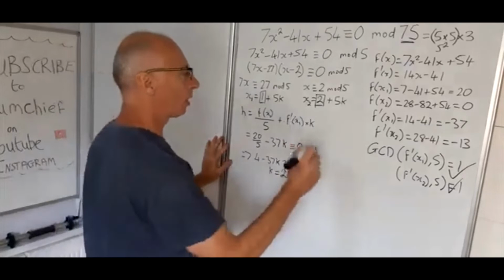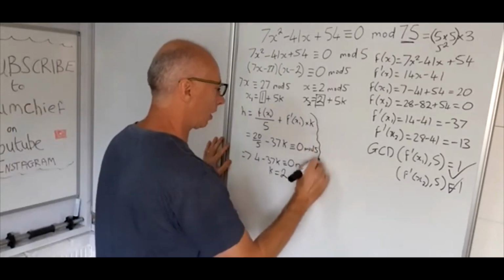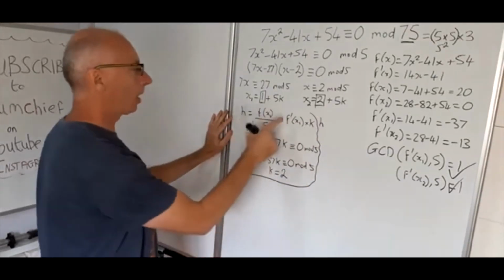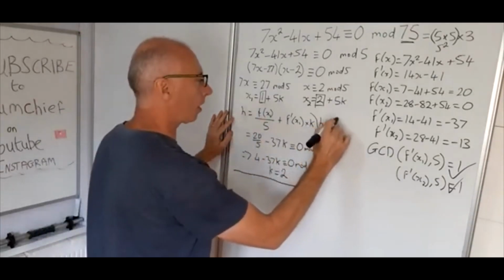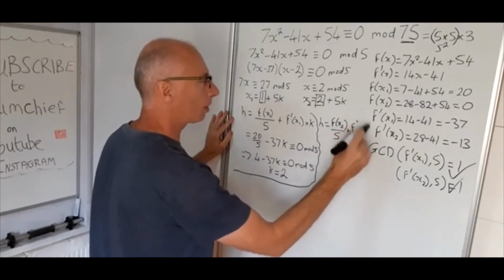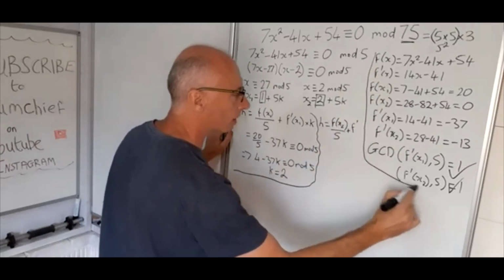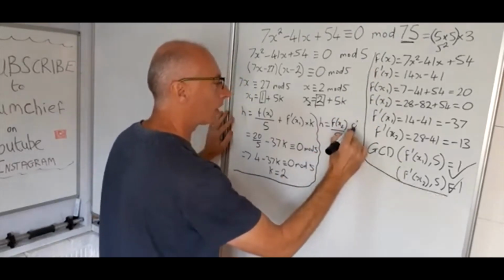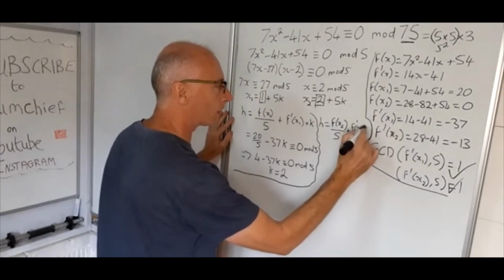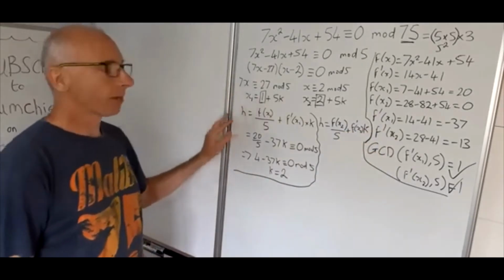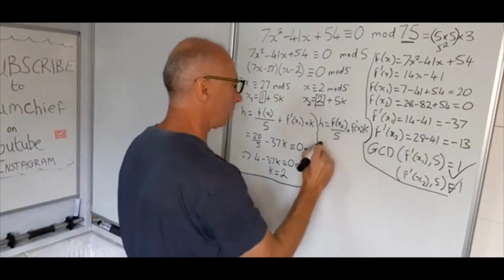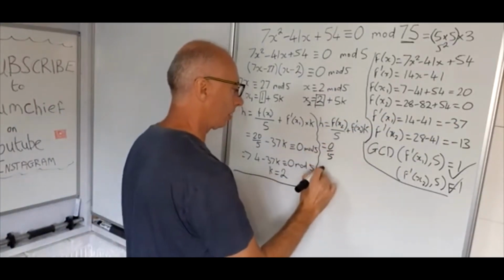Now let's work on this one. So let's just put a line on here to keep these separate. So now we know our formula. We're going to write it as f of x2 over the 5 plus f prime of x2 times k, keeping these separate, let's not get these mixed. f of x2 we know is 0, so that equals 0 over 5, which is going to be 0.